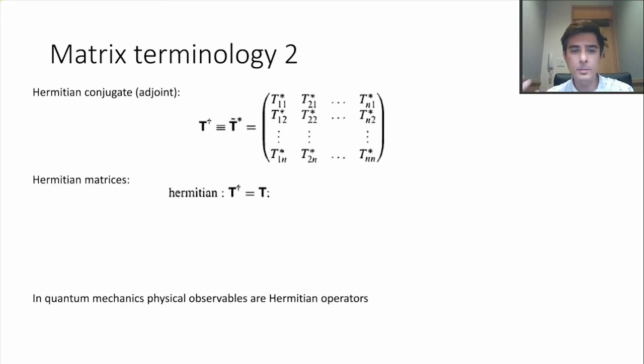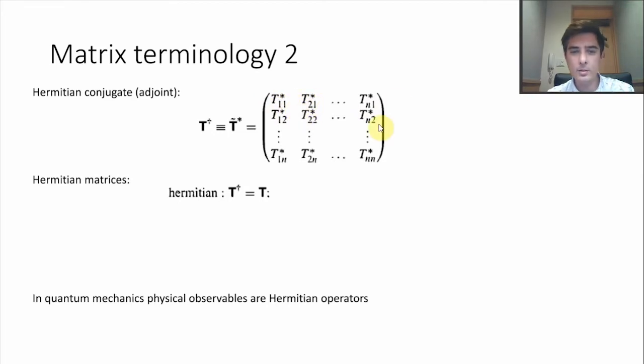And we can combine both of these things, and this is actually the most important one for quantum mechanics. If you take the complex conjugate and you do the transpose, you can do that in any order actually, say we start with the original matrix, which was T11, T12, T13, and so forth, without the stars. So we do the complex conjugate and the transpose.